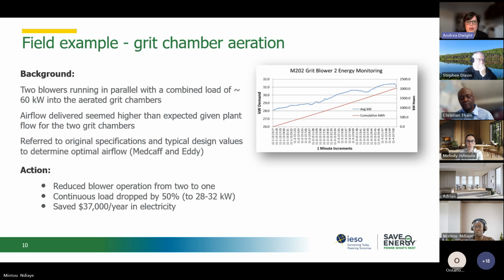They were able to shut that off and save a significant amount of money by just understanding the actual design flow rate properly and being able to match their system needs to that flow. It's something they didn't pick up because the grit chambers were working properly. So it was simply a savings measure. Next one, please.